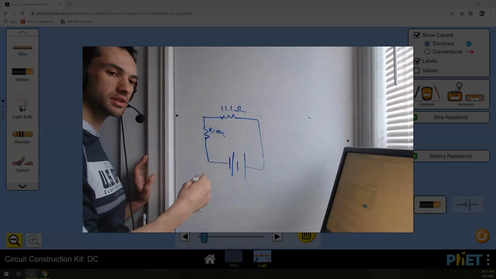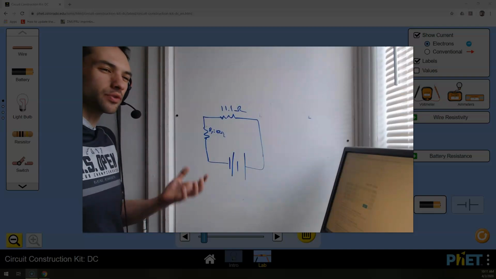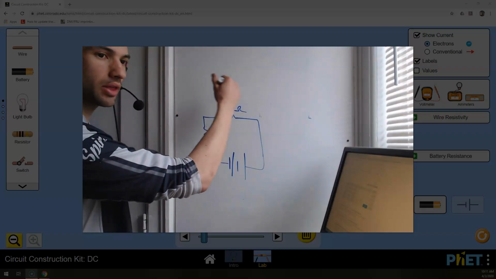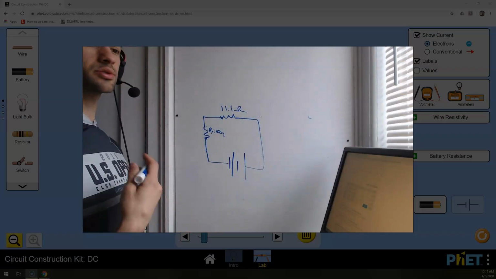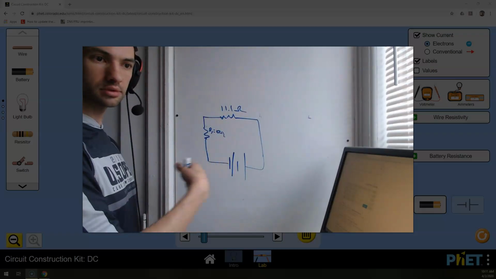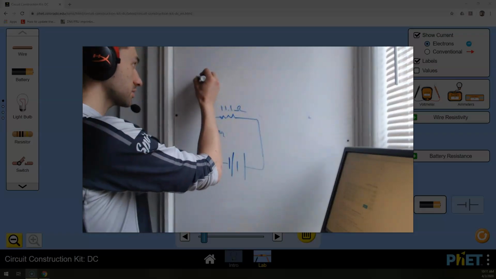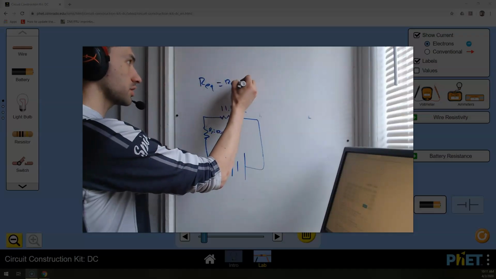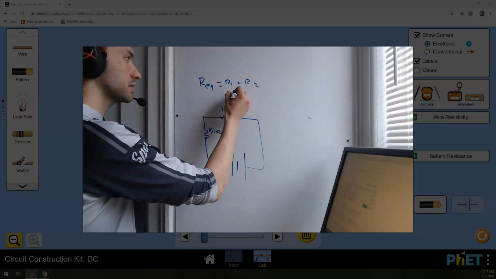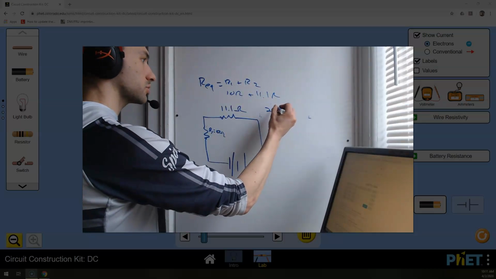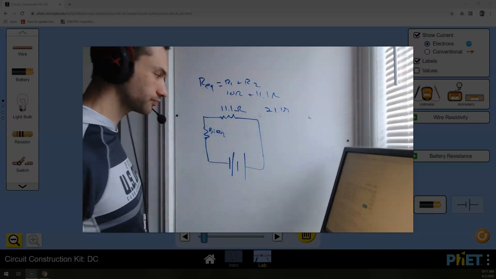That resistance is the same, so I'll get the same information from this circuit as I would from the other one. Then these are in series. I'm not going to bother writing it out right now. If this were a test, if this were the Regents, if this were homework, you have to show the work, right? But I'm assuming everybody understands. Our Req for a series is R1 plus R2. I guess I ended up writing it down anyway. It's 10 ohms plus 11.1 ohms is 21.1 ohms.